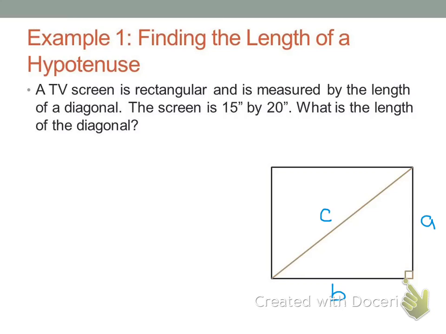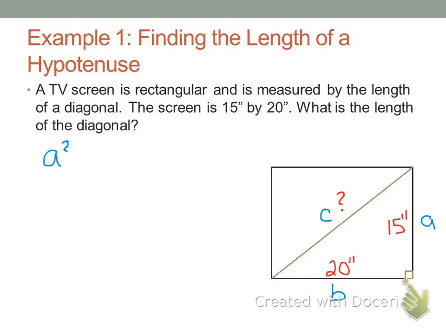So by the wording in the word problem, I know that I can plug in 15 inches here and 20 inches here. And I don't know C, the length of the diagonal. Okay? All right, so now I'm going to use the Pythagorean Theorem to solve this.